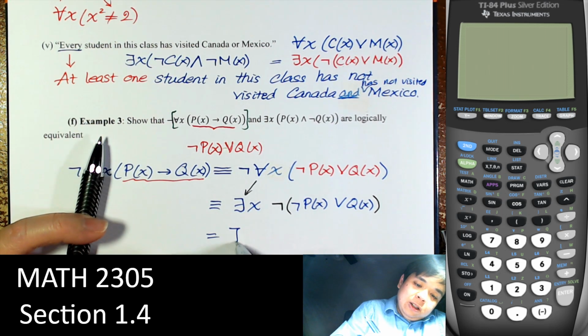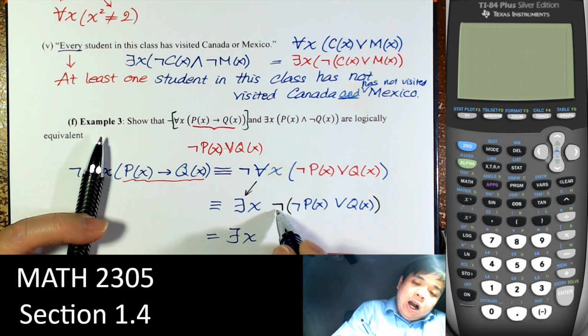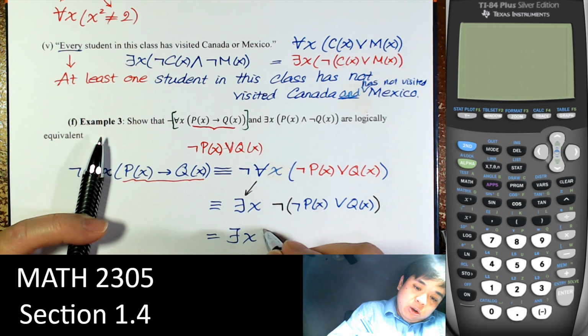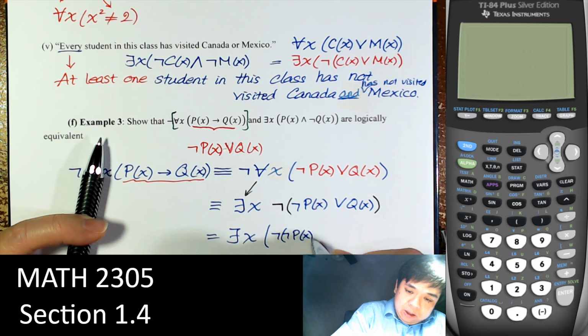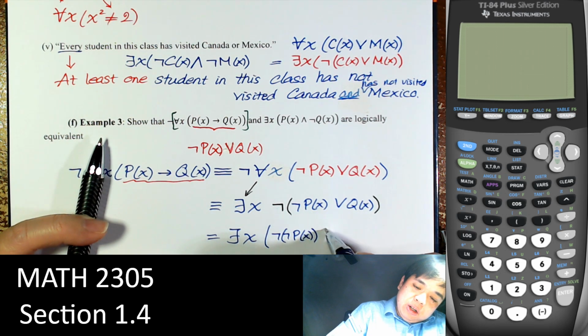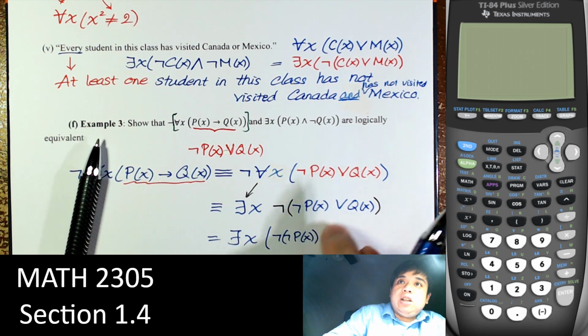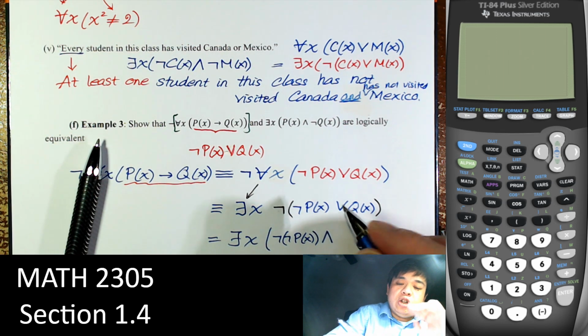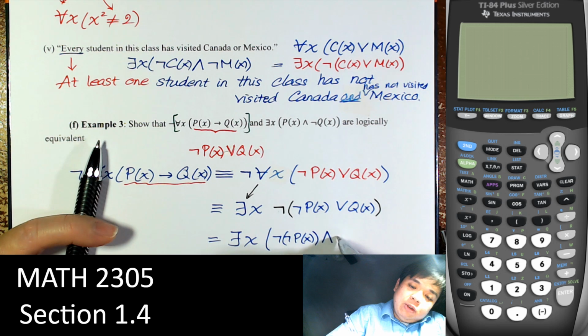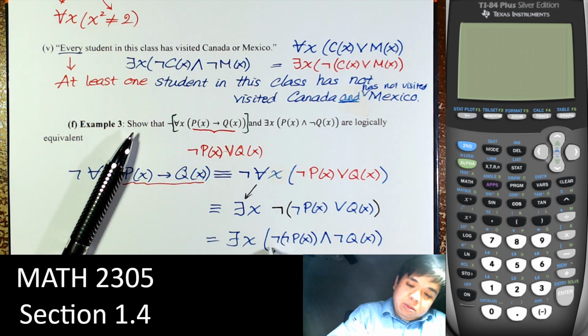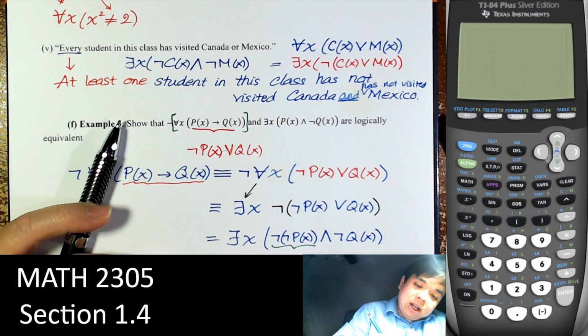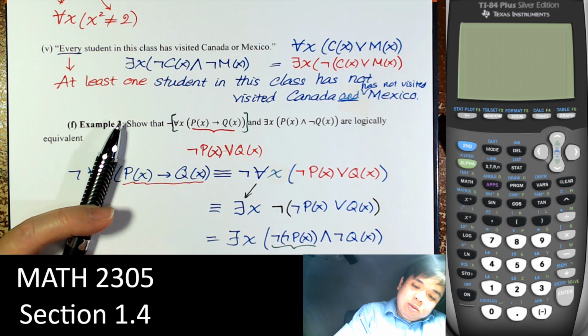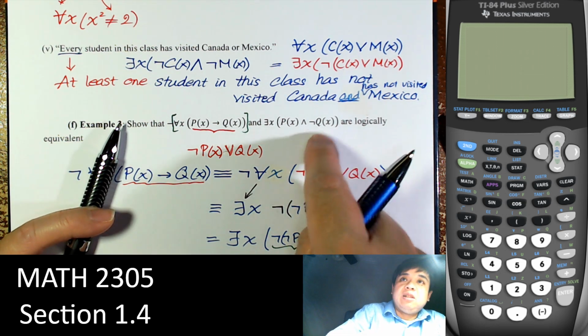Now we distribute this using De Morgan's law. So we have the negation of P of x, and then remember De Morgan's law: we change conjunction to disjunction and disjunction to conjunction. And then we have the negation of Q of x. Finally, the negation of a negation is the statement itself. So this gets back to there exists an x such that P of x and not Q of x. So that's exactly what we have there.